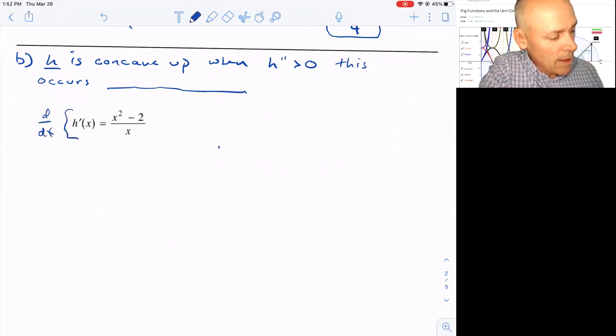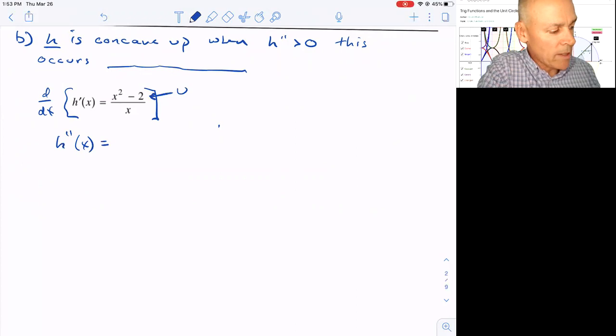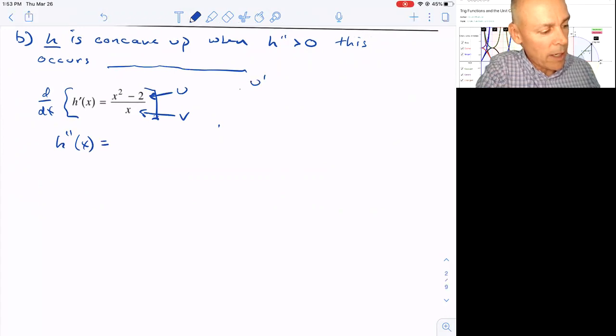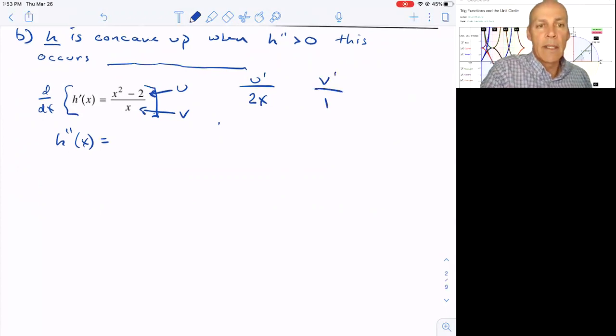d dx, that. My left side is going to be h double prime of x is equal to, and on the right side, I'm going to need to use the quotient rule. So I'm going to bust out u's and v's. I'm going to call my numerator u. I'll need to know what u prime is. Looks like that's going to be 2x. And then v prime is going to be 1. d dx of x is 1. Okay.